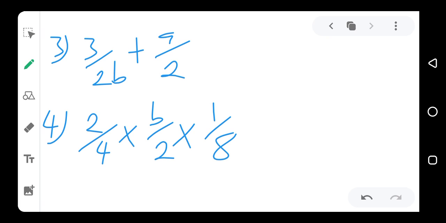4, 2 over 4 times b over 2 times 1 over 8.